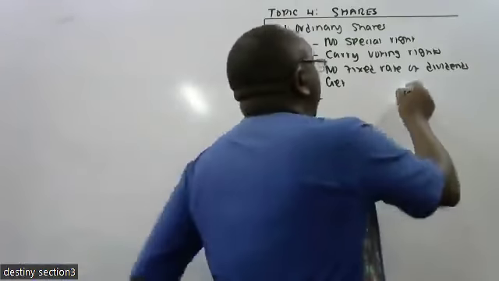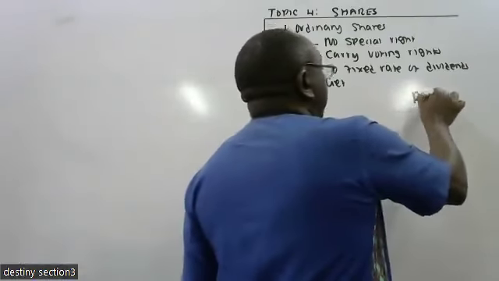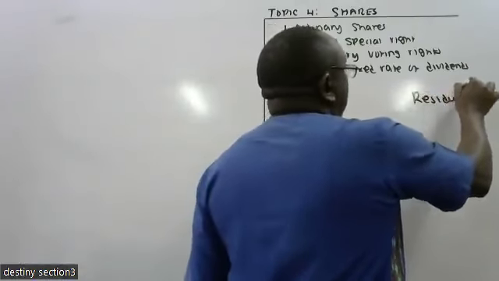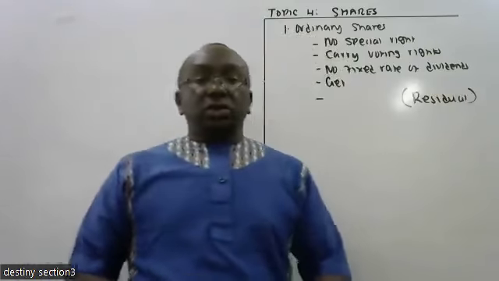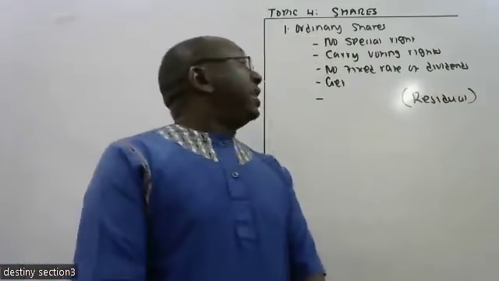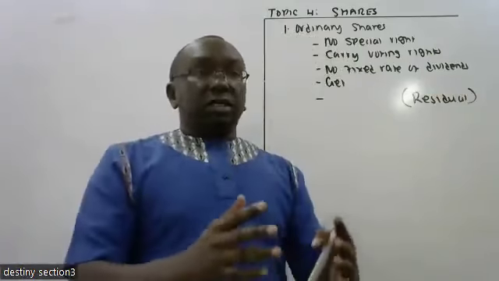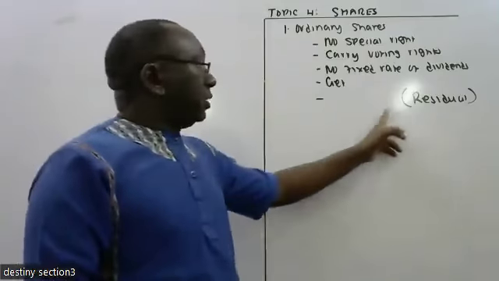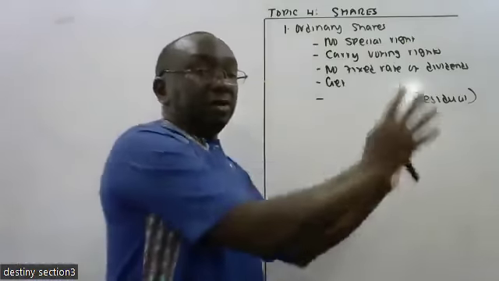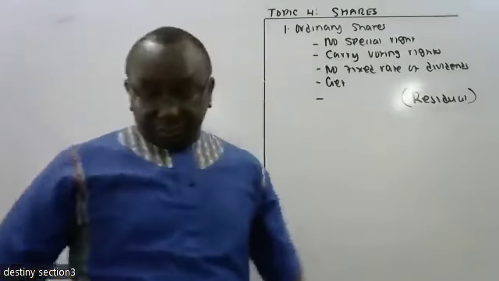Actually, you should have put in brackets, residual. The last point is after winding up, in brackets, residual, because this is a very common term used when we are talking about ordinary shares. They get the residual, what remains.